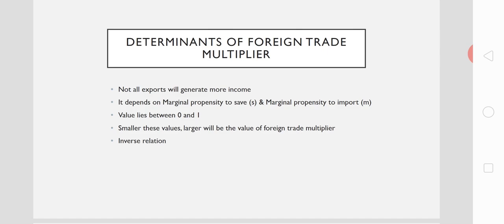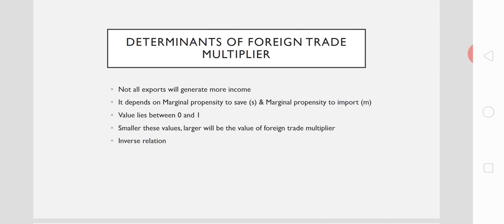Marginal propensity to save is denoted by small s. Similarly, marginal propensity to import is denoted by small m. As long as these values are low, the value of the foreign trade multiplier will be higher, and as long as these values are higher, the foreign trade multiplier value will be lower.